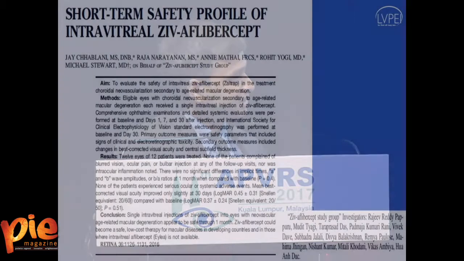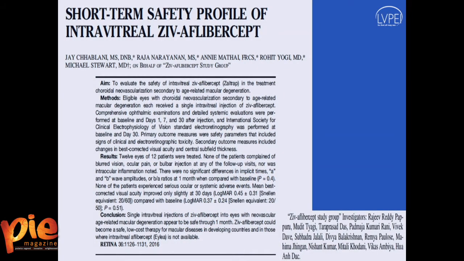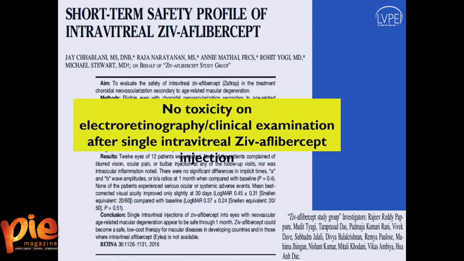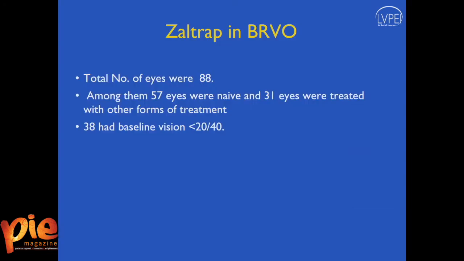Our team, led by Dr. Jay Chablani, published last year on the toxicity and safety of aflibercept in 12 eyes in retina, and we did not find any change on the ERG, as well as clinically there were no signs of toxicity. So coming to our experience of Zaltrap in branch vein occlusion, we have so far in the last 2 years injected 88 eyes, out of which 57 eyes were treatment naive.